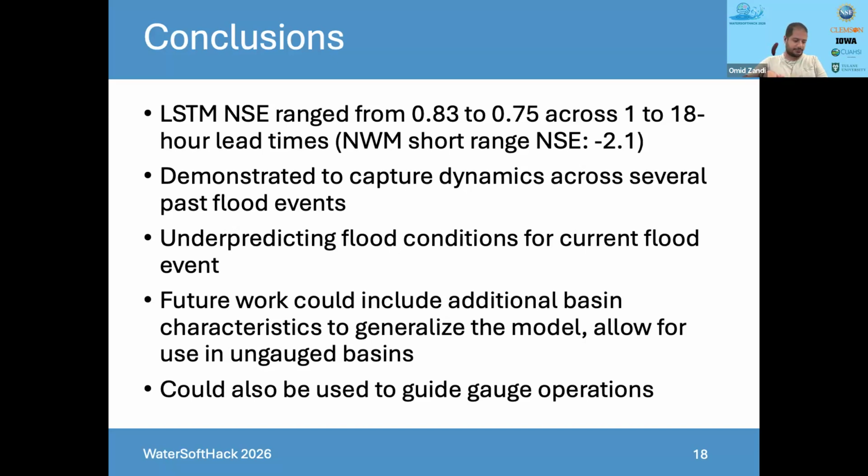We demonstrated that the model captures the dynamics across several past flood events. Also, it underpredicts the flood conditions for the current ongoing flood event. Future work includes additional basin characteristics and forcings, which would allow us to apply this method to other ungauged basins as well.